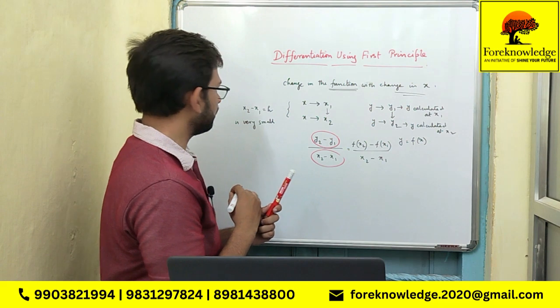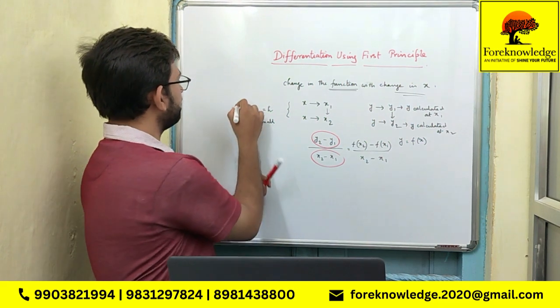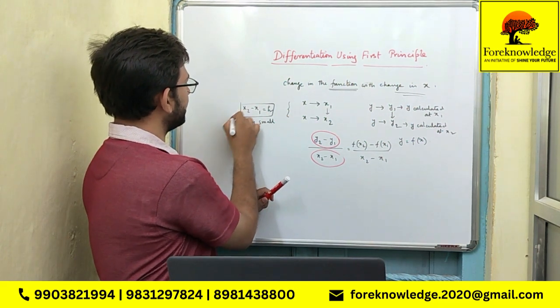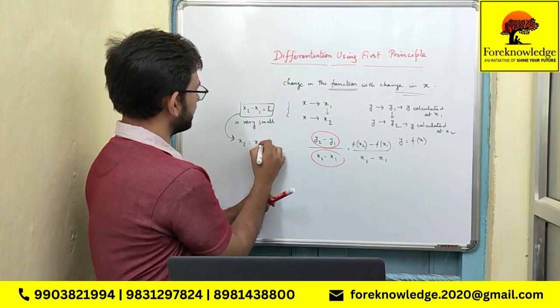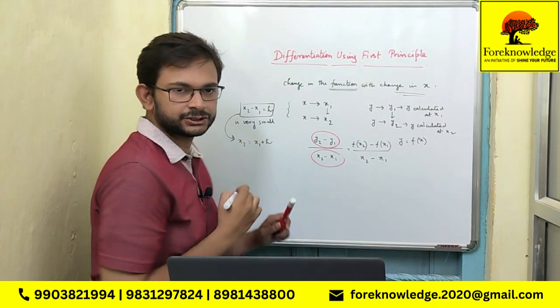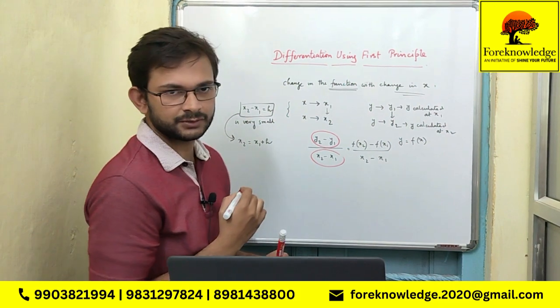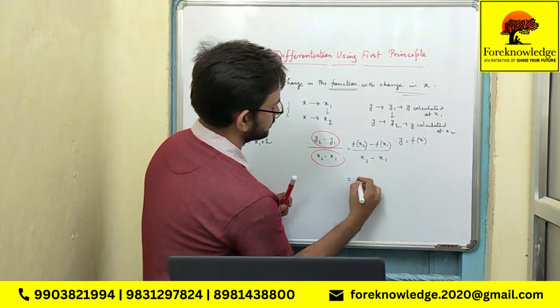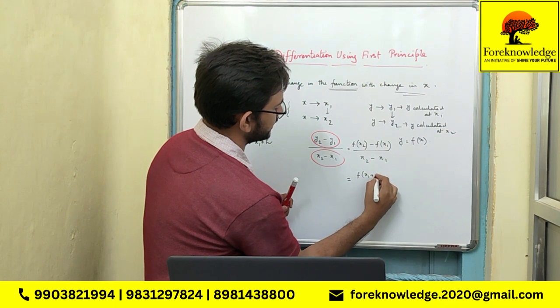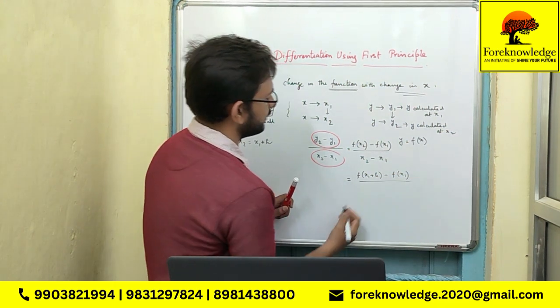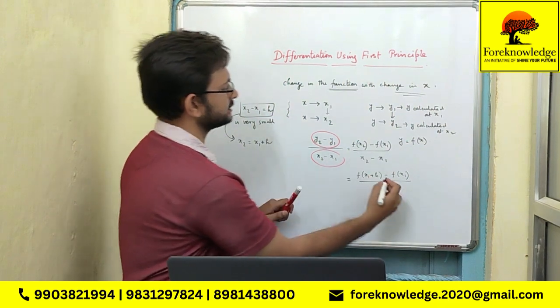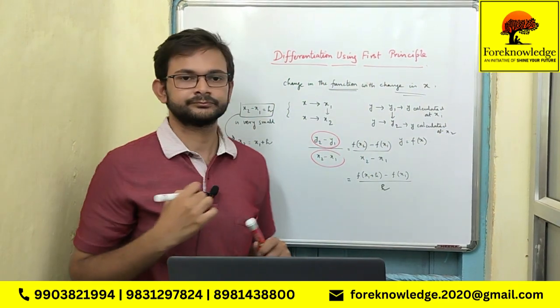Now from this we can write x2 as x1 plus h. So this is f of x1 plus h minus f of x1, divided by x2 minus x1, which is already h.